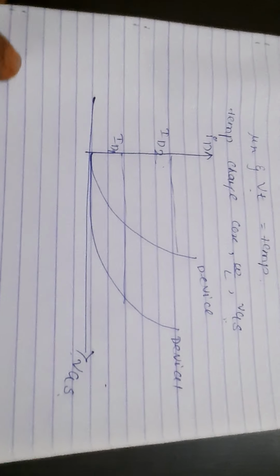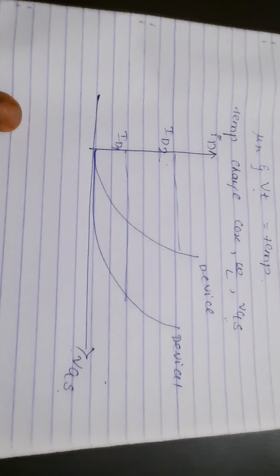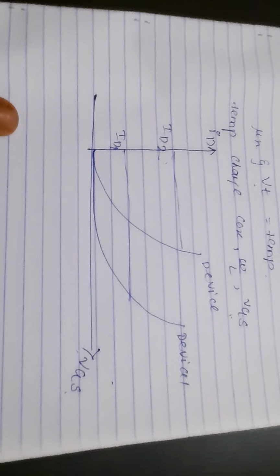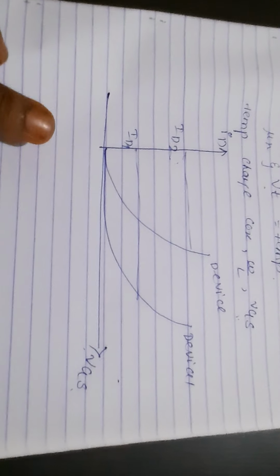The use of fixed bias VGS can result in a large variation in ID. Therefore, this is not a valid method.